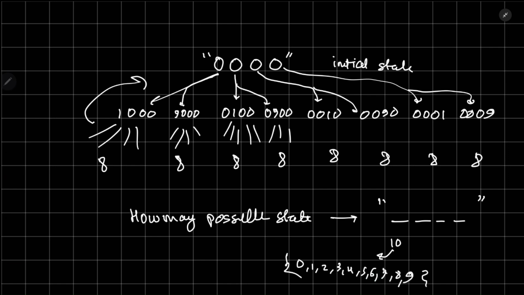So 10 values are possible for any digit: this one has 10, this has 10, this has 10, this has 10. So the total number of states will be 10 to the power 4. If we do BFS or DFS, we will end up saving this number of states either in the stack or in the queue.